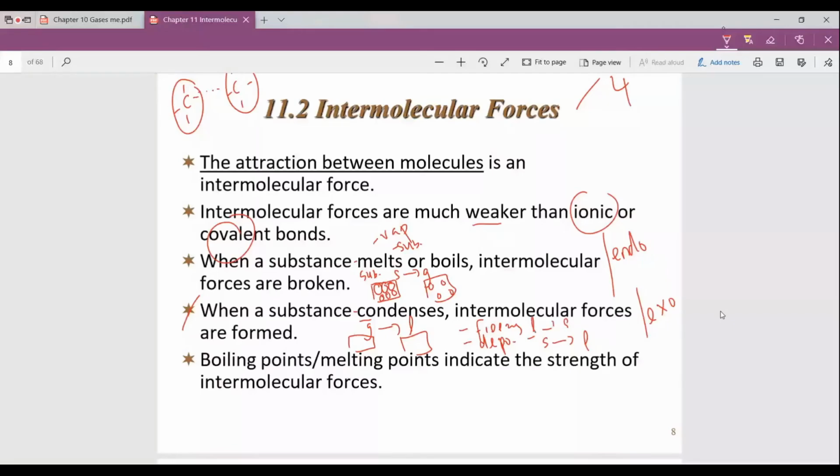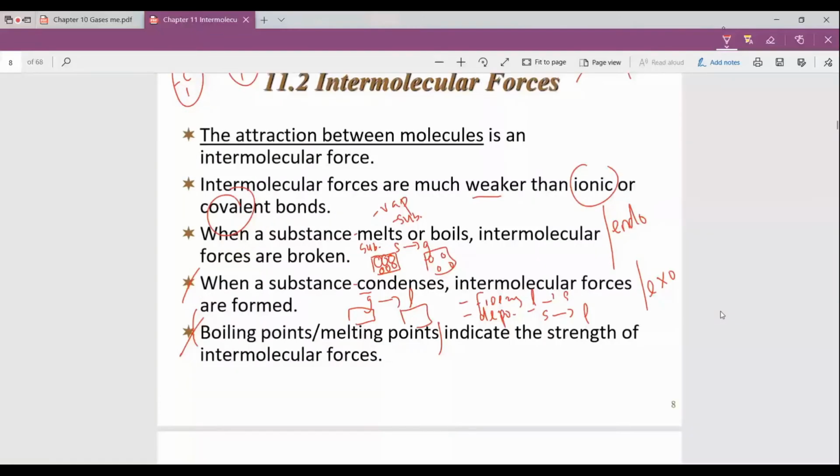Okay, and boiling point and melting point indicate the strength of intermolecular force. Always keep in mind the boiling point and melting point. How do we know higher or lower? We relate with the strength of intermolecular force.